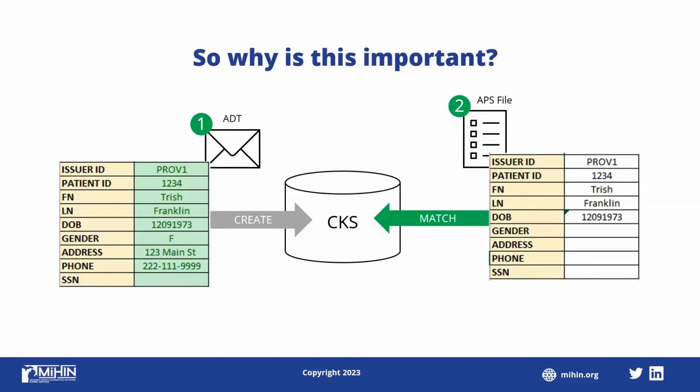Then you get limited demographics in another data source, like an APS file, but you have the issuer ID or the assigning authority ID and the patient ID, and you can use that to link the patient to the existing patient in the common key service using just the limited first name, last name, and date of birth. And that improves your positive match rate and your confidence in the matches that you're making.